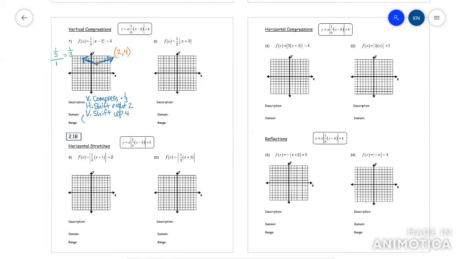I had a domain of all real numbers. And then I had a range of, it goes from 4 to positive infinity. Like that. Okay, next one.